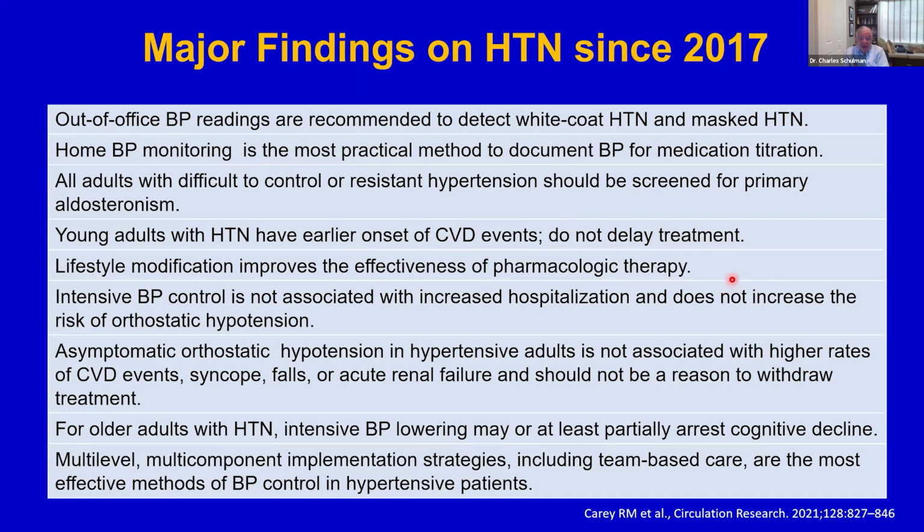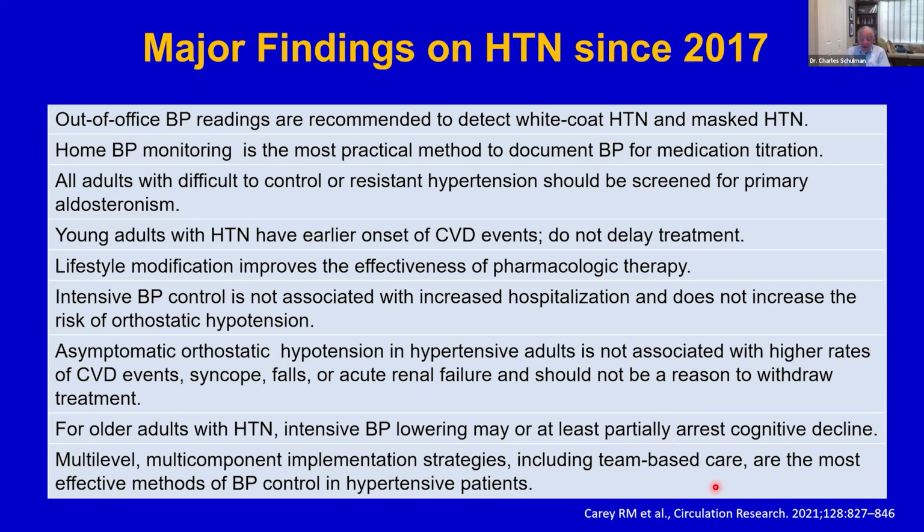Lifestyle modification alone improves blood pressure, but it also improves the effectiveness of pharmacologic therapy. Intensive blood pressure control is not associated with serious side effects. For older adults with hypertension, there's some evidence that blood pressure treatment may at least partially arrest cognitive decline.